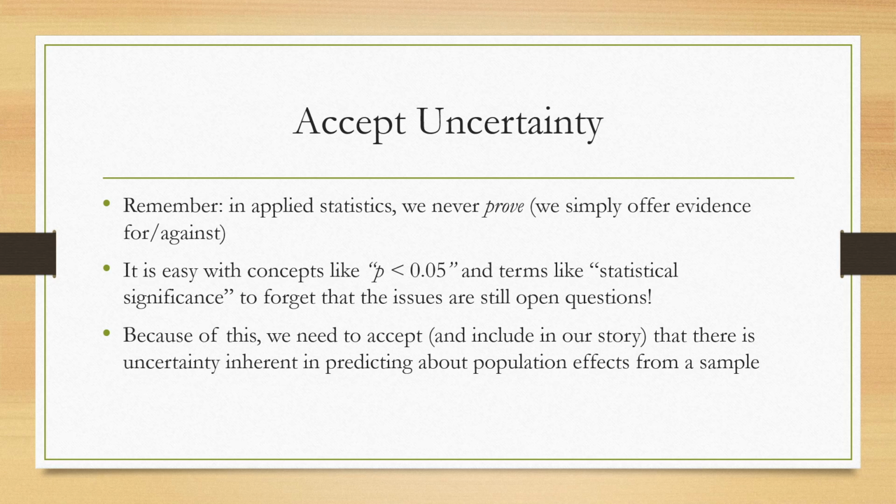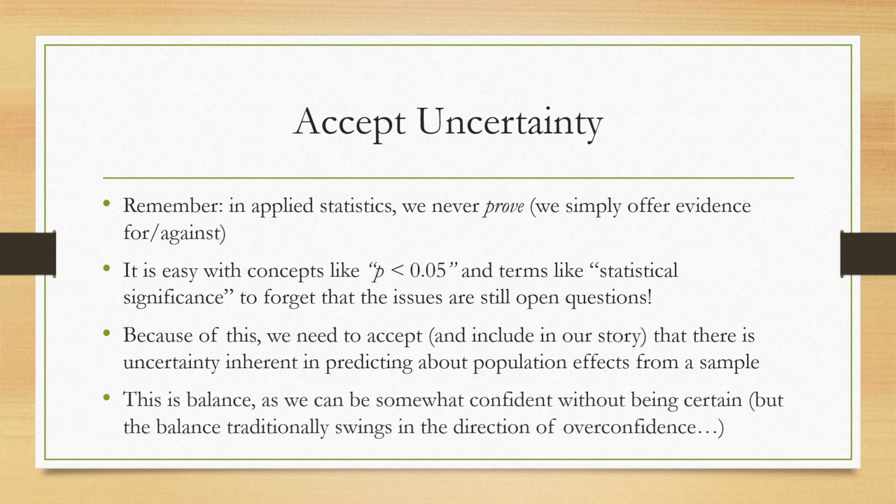Even in those cases, there's still a chance that we could be wrong. And so we're making the best decision we can with the evidence that we can, but there's still that chance we can be wrong. And this is a balance.